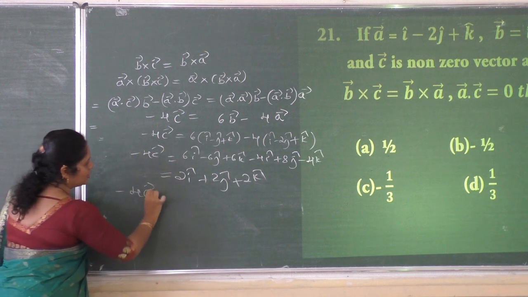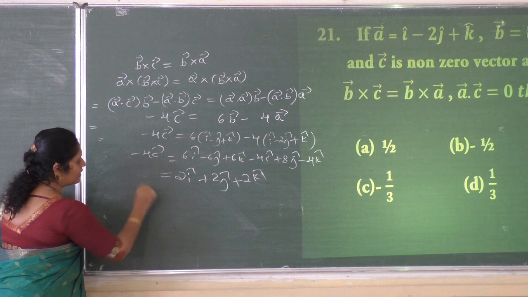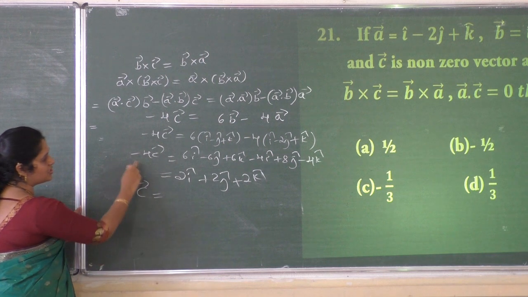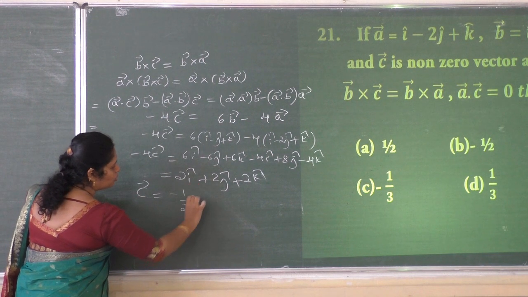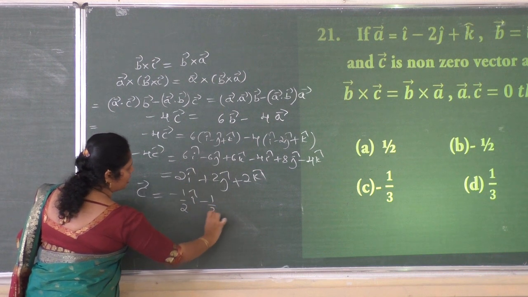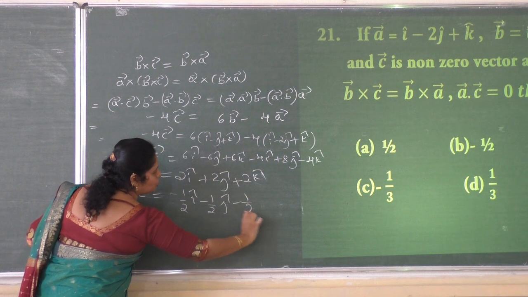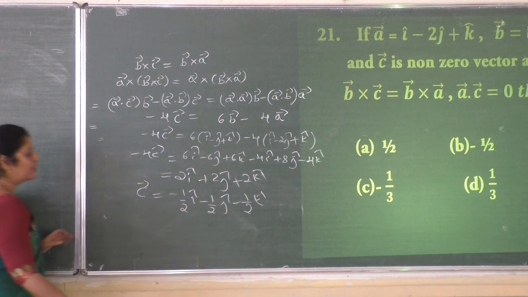So vector C is that divided by minus 4, which is minus 1 by 2 i cap minus 1 by 2 j cap minus 1 by 2 k cap.